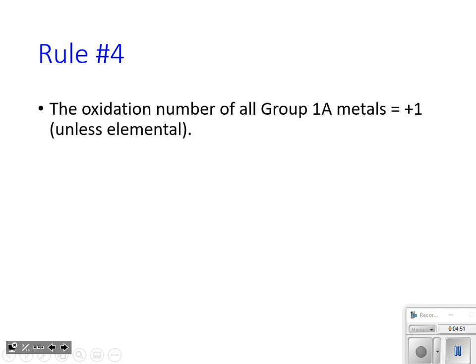So rule number 4 says that all group 1 metals are +1. Rule number 5 states that all group 2A metals, so the alkaline earth metals, are all going to be +2 unless they are in their elemental form. So all group 2 metals are +2.